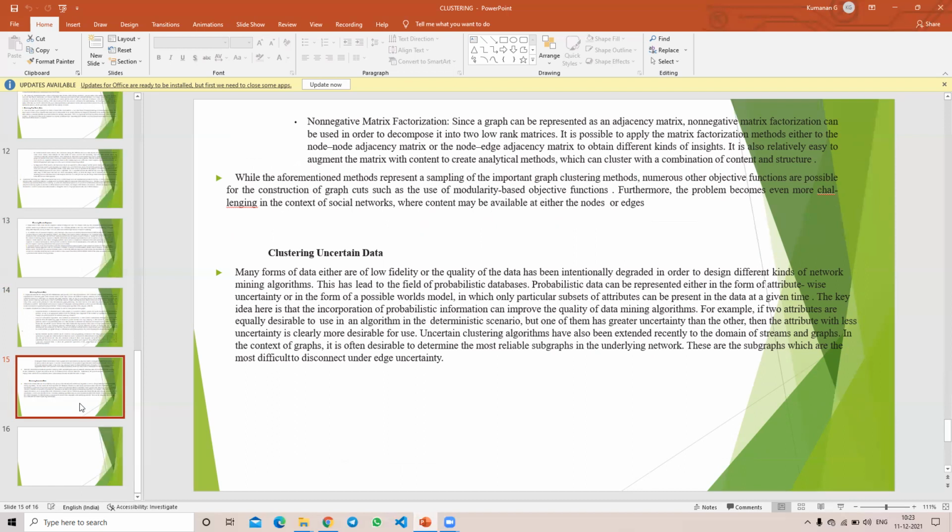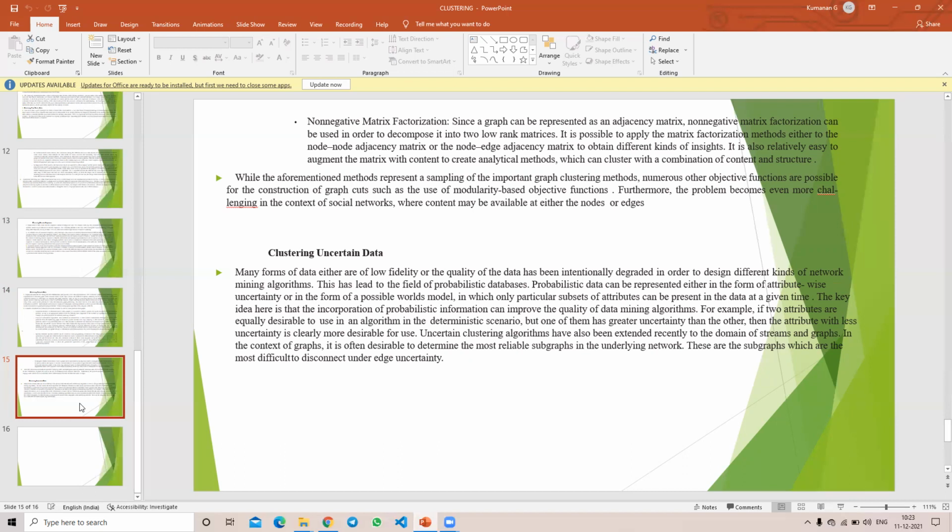It is possible to apply the matrix factorization methods either to the node adjacency matrix or the node edge adjacency matrix to obtain different kinds of insights. It is also relatively easy to augment the matrix with content to create an analytical method which can cluster with a combination of content and structure.